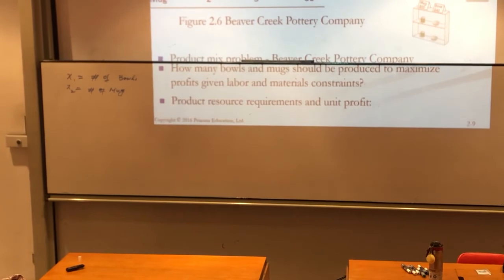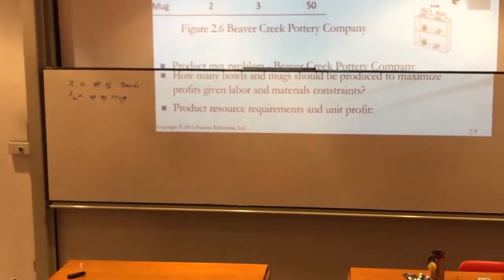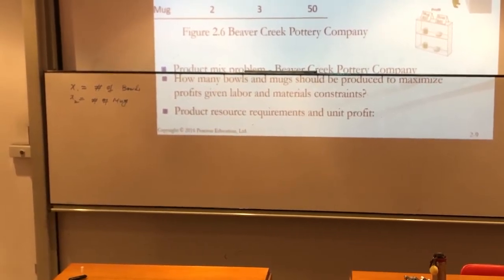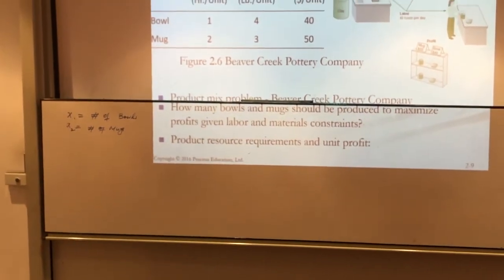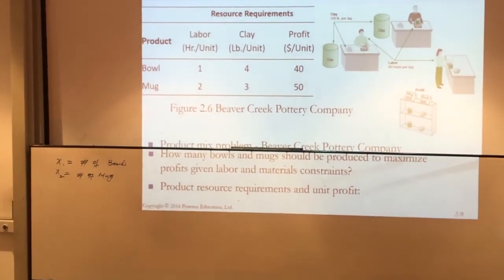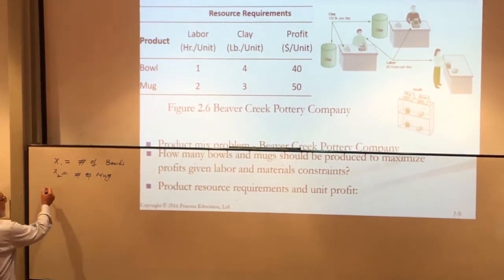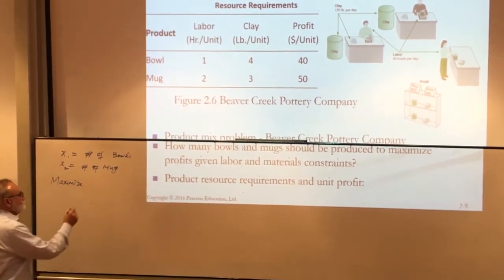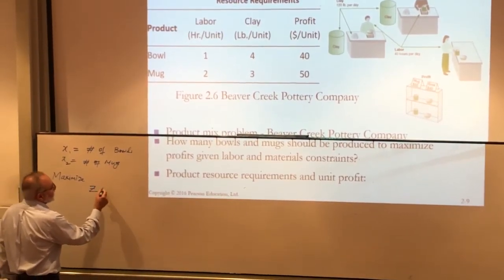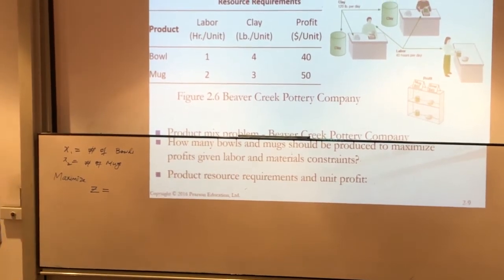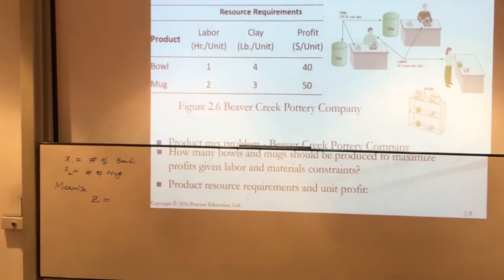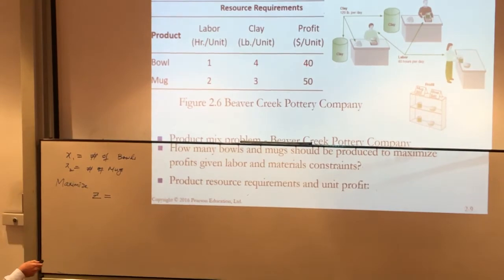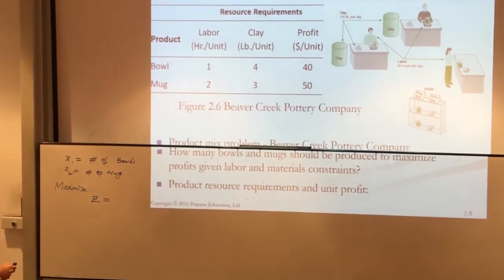Now from here, in this example, what is our objective? The objective is to maximize the profit. The profit is given, so we want to maximize it. So we write down the objective function: maximize z, the profit, equal to 40x1. $40 is the profit of one bowl, and 50 is for one mug.